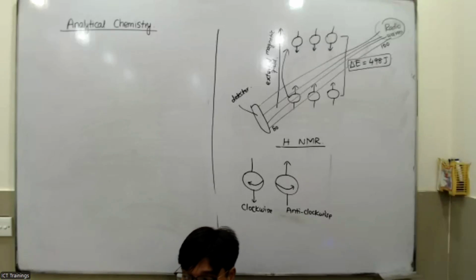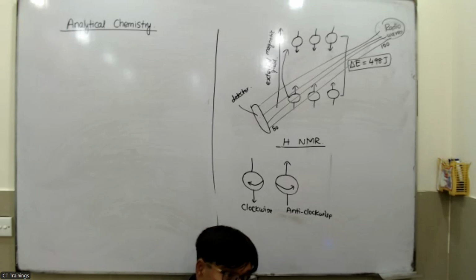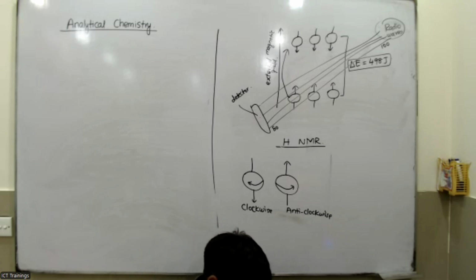Write the next point: those radio waves whose energy is exactly equal to delta E will be absorbed by the spin states at low energy level.